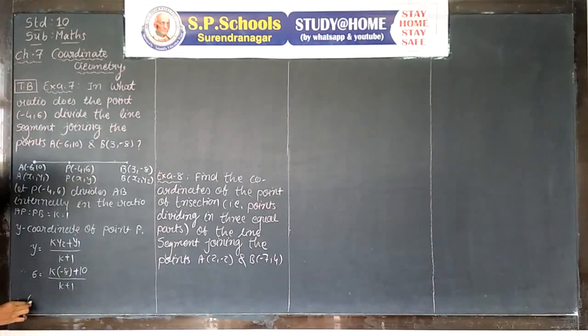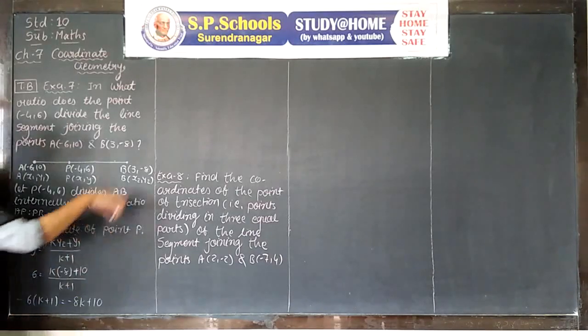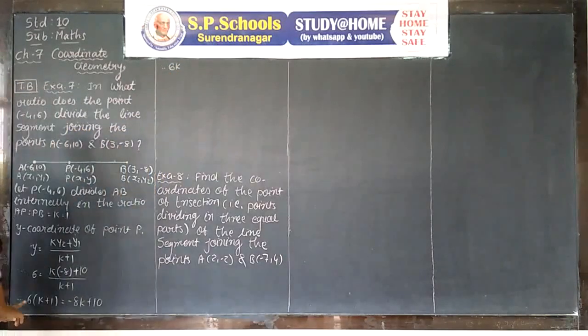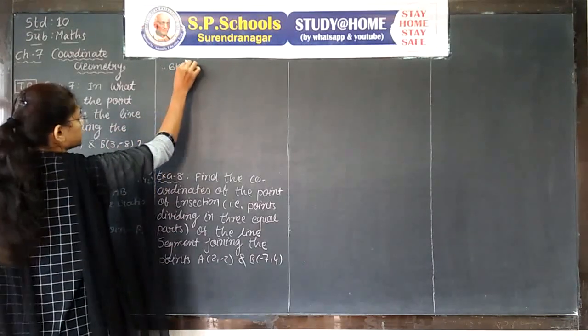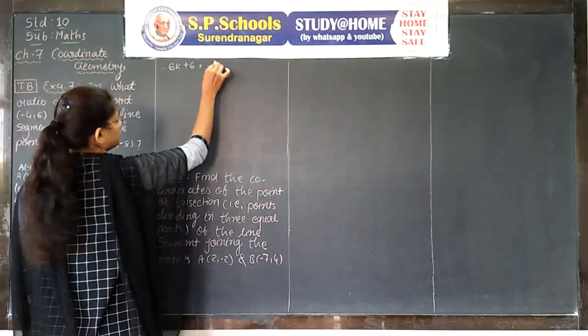Now we multiply k plus 1 with 6, equals -8k plus 10. 6 multiplied by k gives 6k, 6 ones are 6, plus 6 equals -8k plus 10.